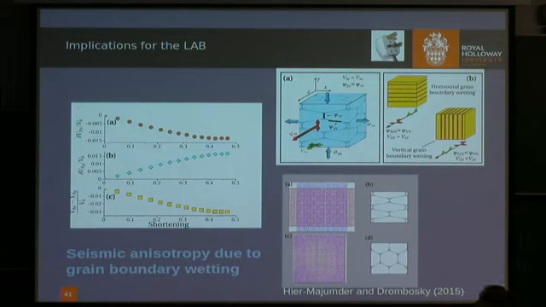So, a little extrapolation from our experiments, and this is a similar type of cartoon that Ben Holtzman has shown before. We could calculate the shear wave splitting for different orientations of these grain boundaries. What you probably don't see here is that each of these data points is actually 1200 data points.